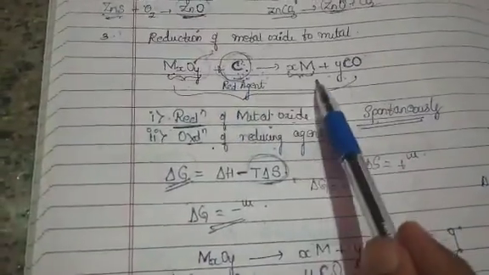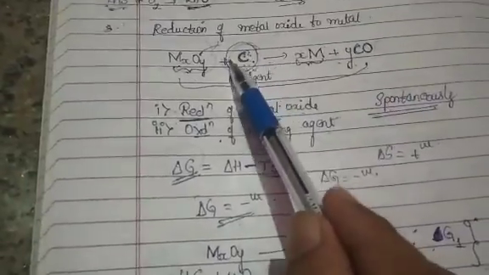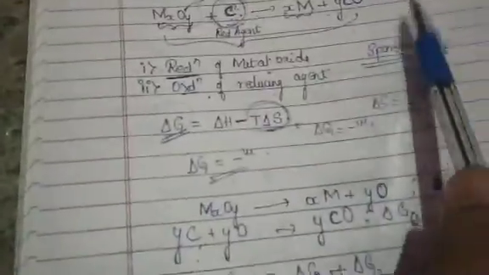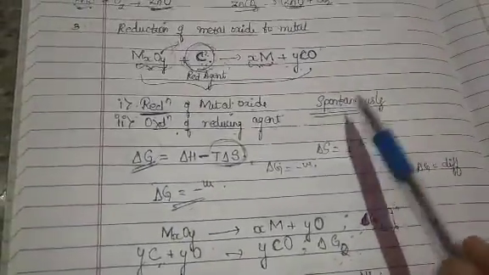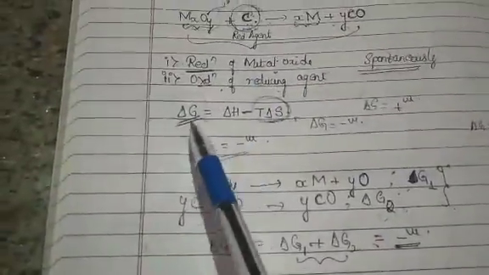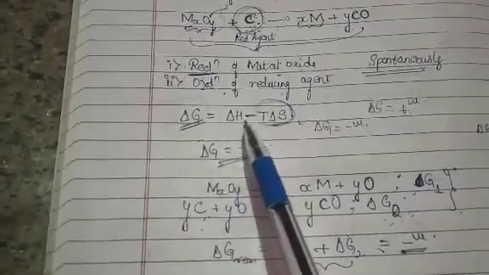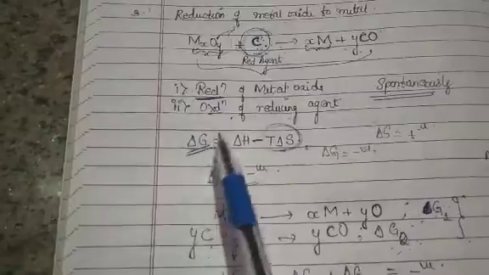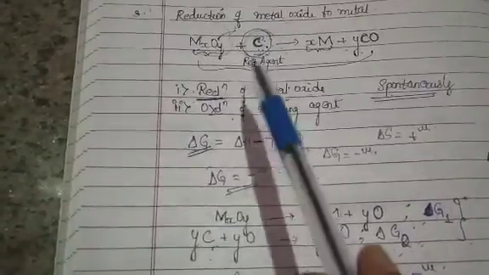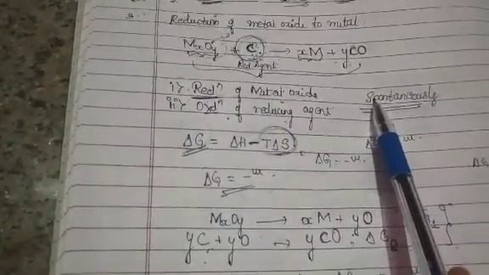That is, I should get the metal, and whatever the reducing agent is should extract the oxygen. So in order to say that your reaction is spontaneous, how can we say? That is through the Gibbs equation: delta G equals delta H minus T into delta S. When delta G is negative, only then can we say that the reaction is taking place spontaneously.